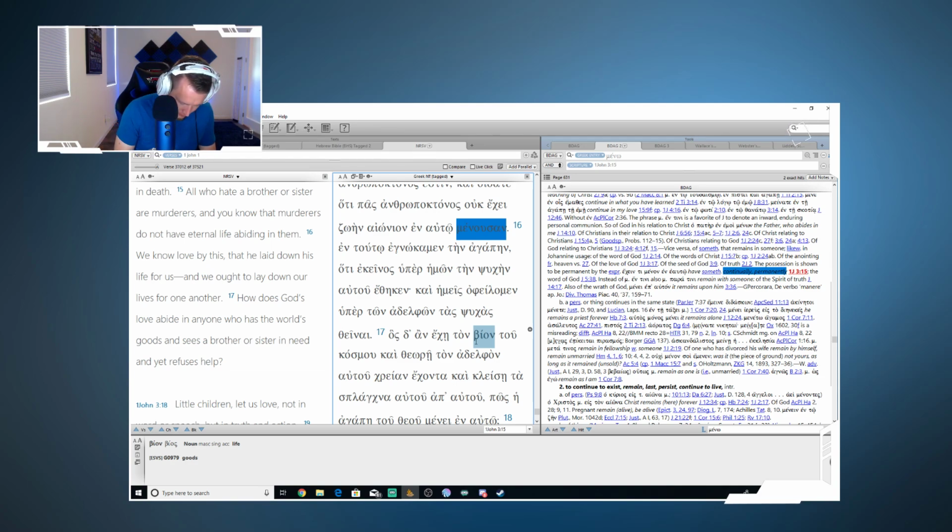Verse 16. Be running low on ink here. Maybe it's just drying out because I keep holding it open. En tuto egnokamen tin agapin. Oti akinos hyper imon tin psychin of tu ethiken. Ke emis ophilomen hyperton adelphon tas psychas thine.